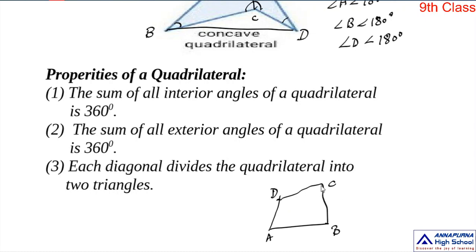Draw one diagonal, AC. Each diagonal divides a quadrilateral into two triangles. The diagonal AC divides the quadrilateral ABCD into the two triangles, triangle ABC and triangle ADC. This is the third property.